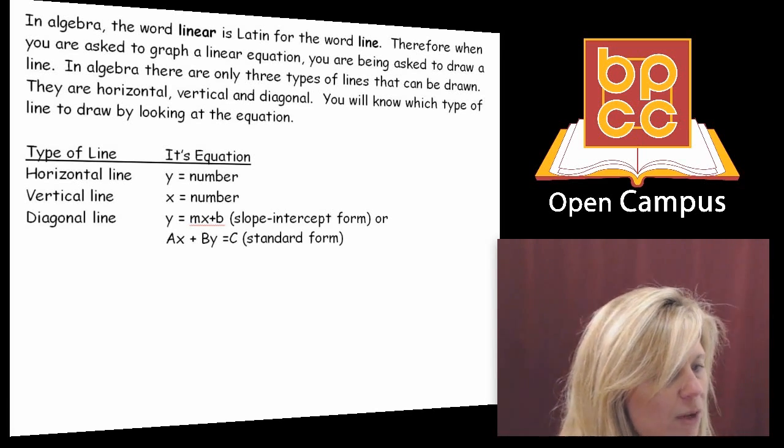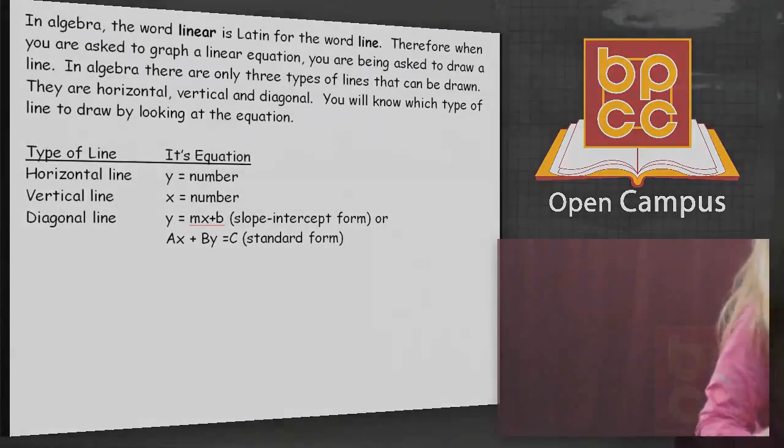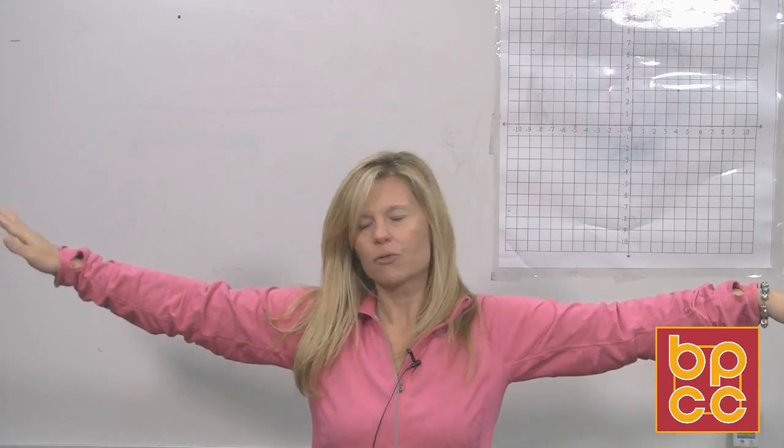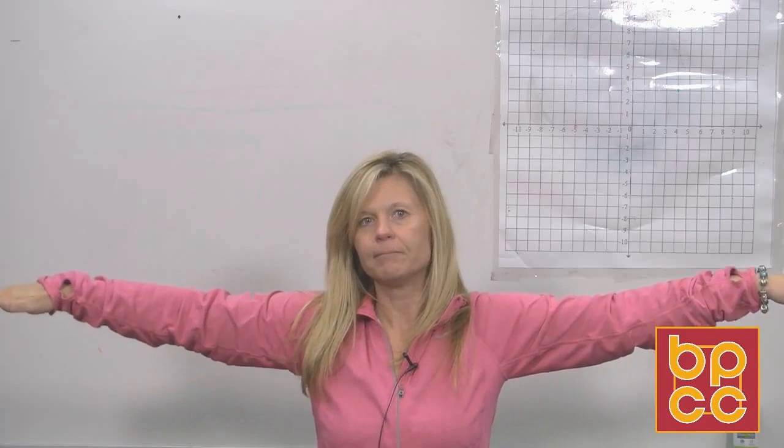Now, I want everybody to come over here. Let's look at me for a minute. Okay, if our goal is to draw lines, then what you need to understand is you can only form three types of lines. If you hold your hands out this way, from left to right, you're making a line. It is a horizontal line. If you put your hands up and down like this, you are making a vertical line.